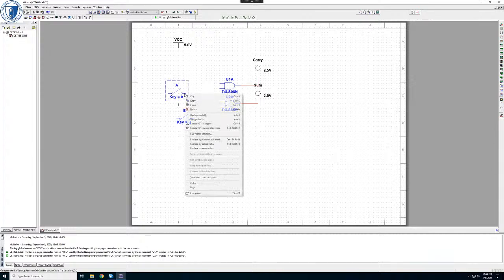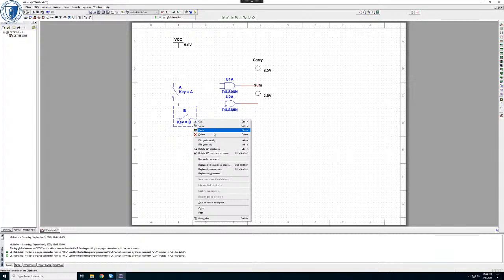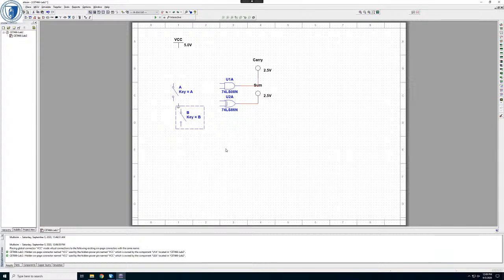Now I just wonder whether I can rotate them, because I prefer them rotated. Maybe they'd be better the other way around. But anyway, that'll do. And I'm just going to move that guy down here. Now, what we want is to be able to set A and B separately to be either 1 or 0.